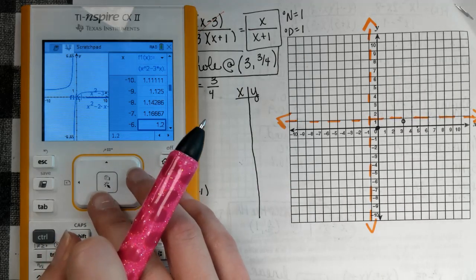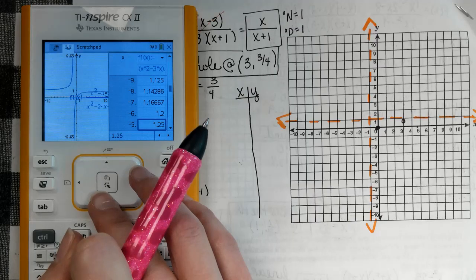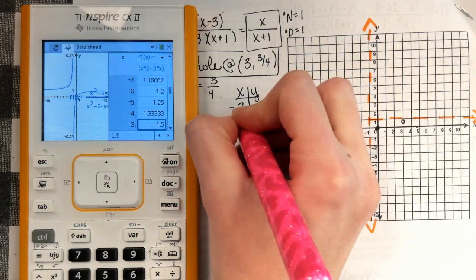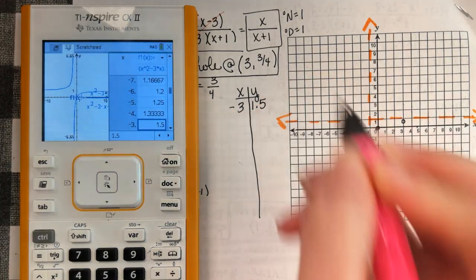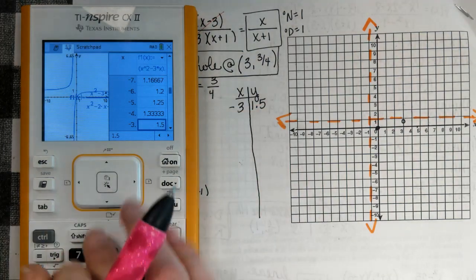Okay. If you see they start getting larger at -3, 1.5, I could probably just use that.